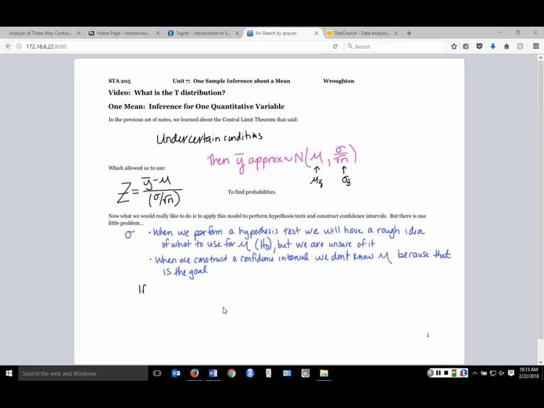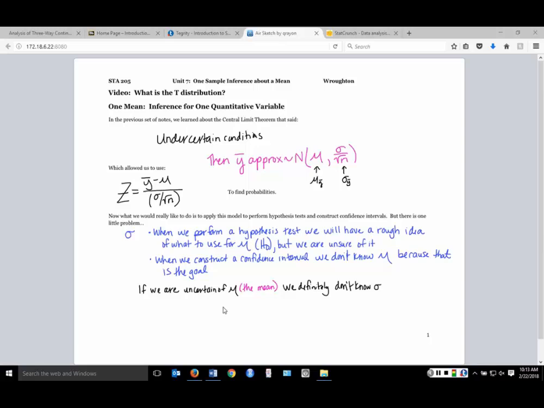So if we are uncertain of mu, which again, of course, mu is our mean, we definitely don't know our standard deviation.